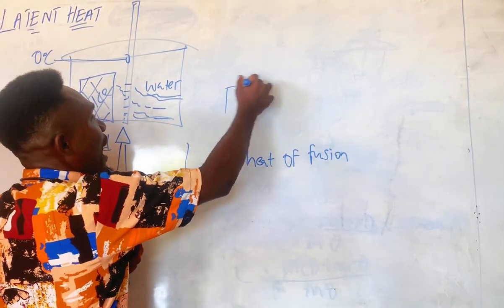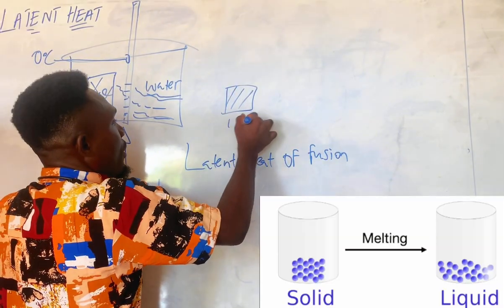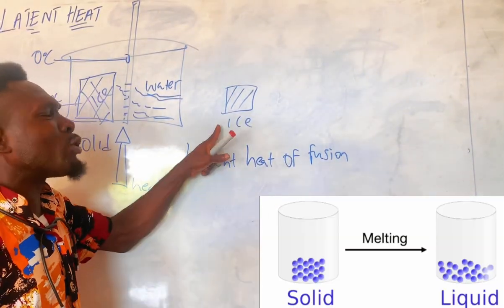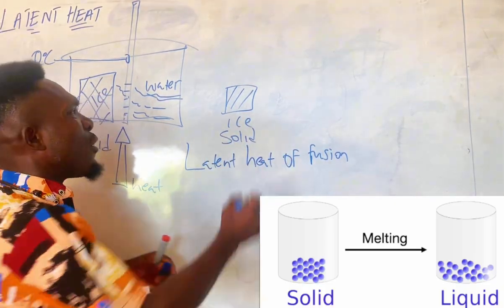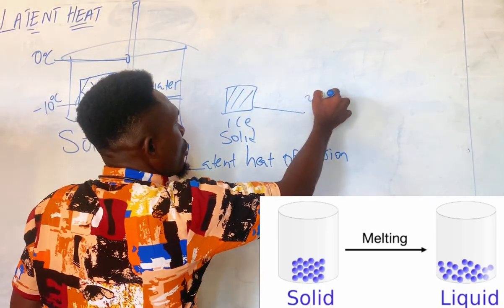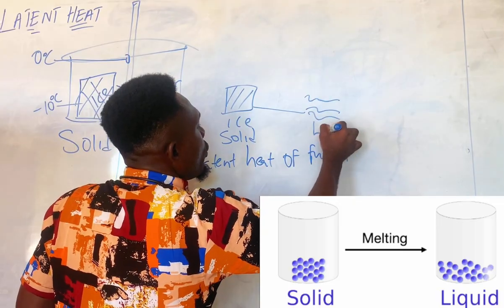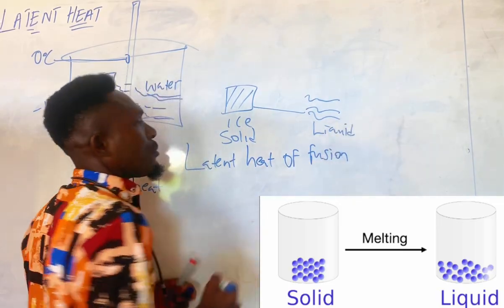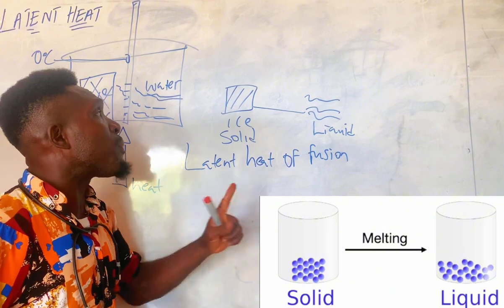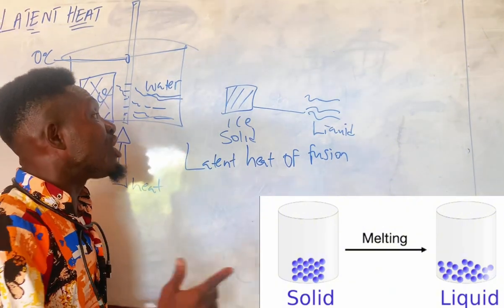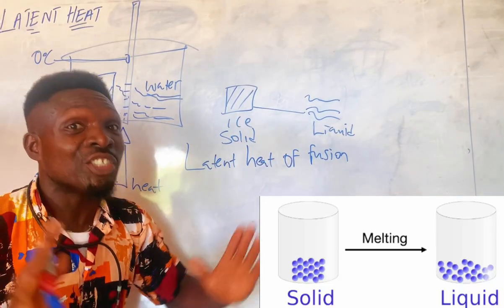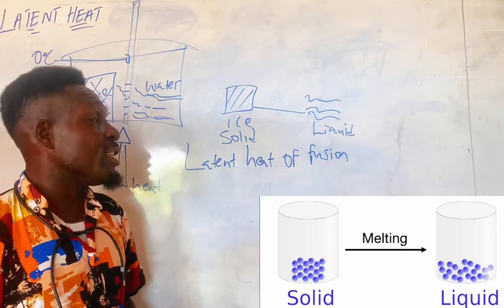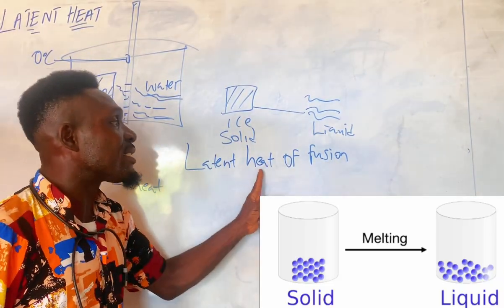Let's say this is my ice. The amount of heat supplied to a substance to change it from solid state to liquid state without any change in temperature. That heat is called latent heat of fusion.